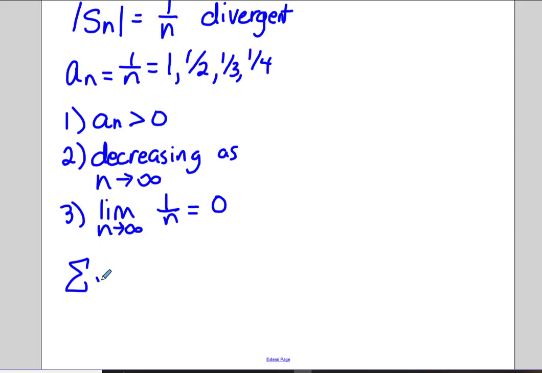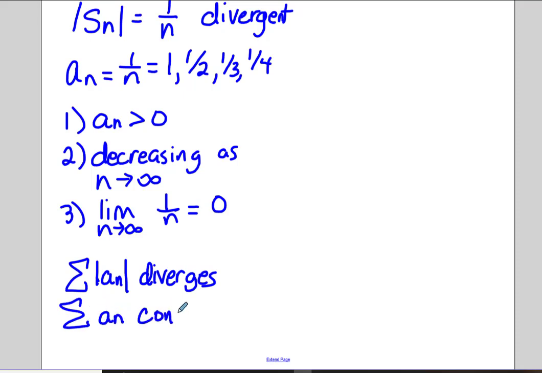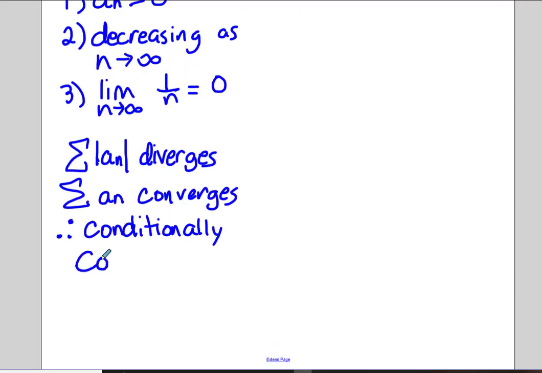So this one is going to be conditionally convergent, since the absolute value of a sub n diverges, but our summation of a sub n converges. So this one is conditionally convergent.